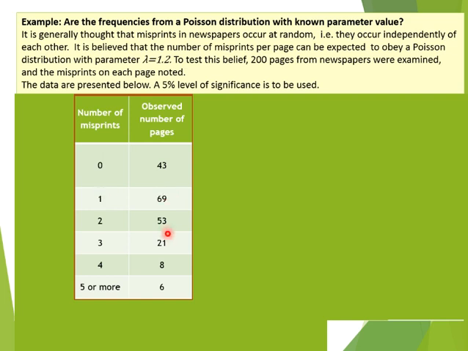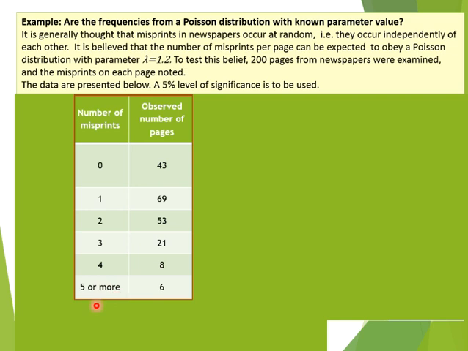On 53 pages, there were 2, and so on. For 5 or more, you can see that there were only 6 pages on which there were 5 or more misprints. So, usually we can continue up to infinity, but we stop at the frequency where it gets smaller.